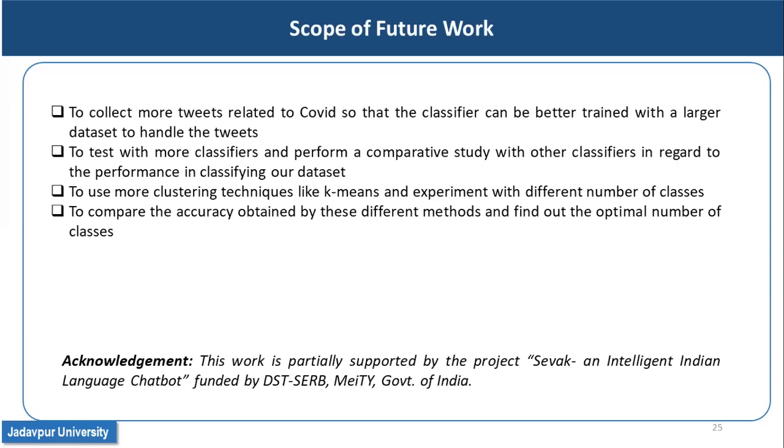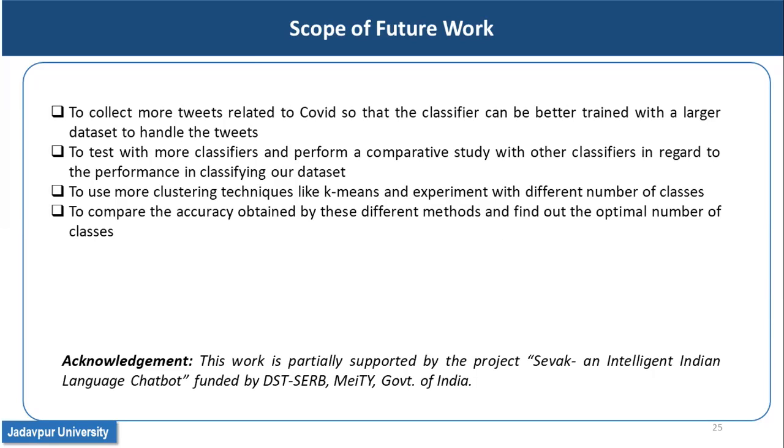So the scope of future work has been shown. These are some basic models, and we hope to improve them by collecting more tweets related to COVID, so that with a larger dataset we can train the classifier better.